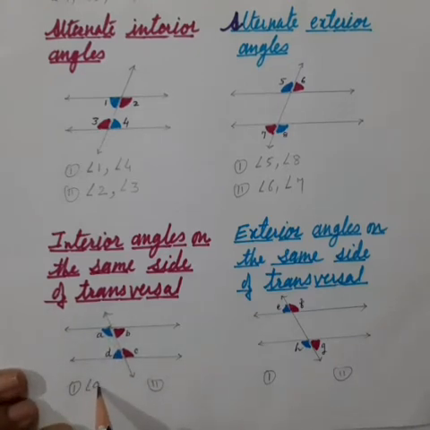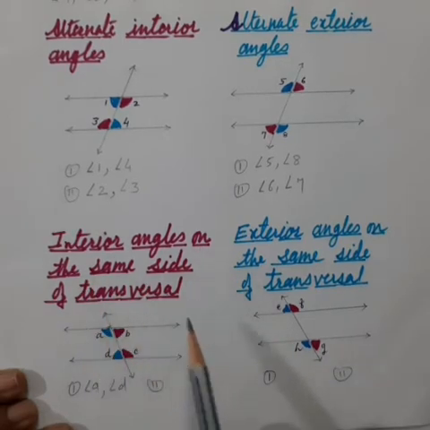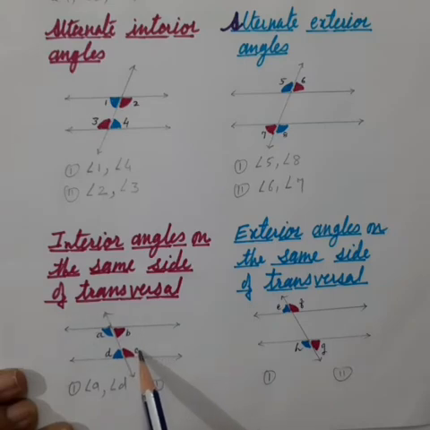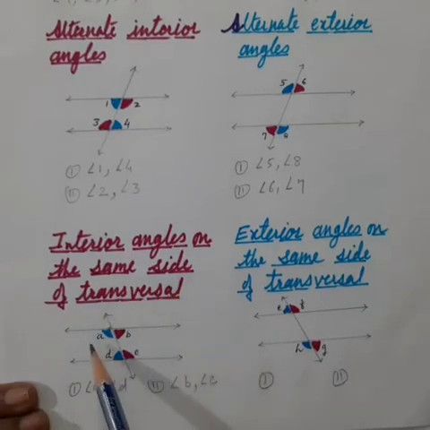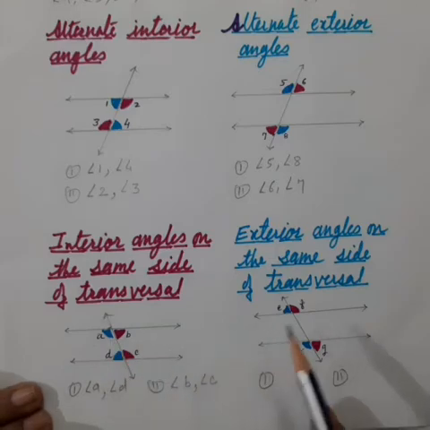So angle A and angle D are interior angles on the same side of the transversal. In the same way, angle B and angle C are also interior angles on the same side of the transversal. They are also called co-interior angles.